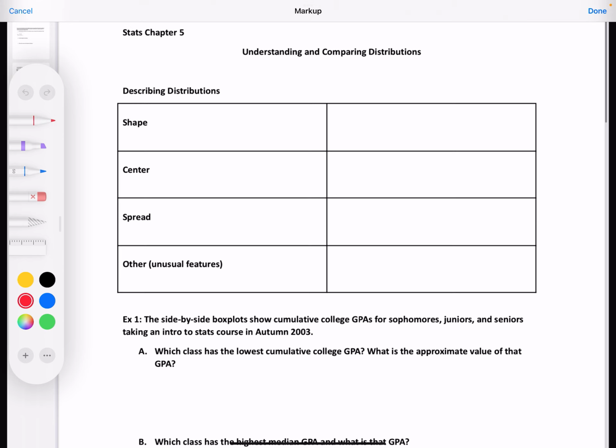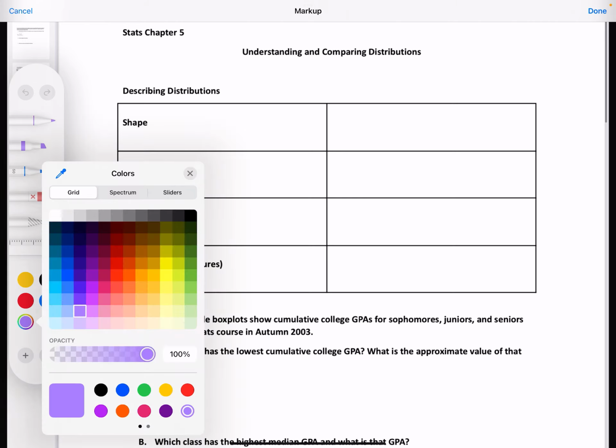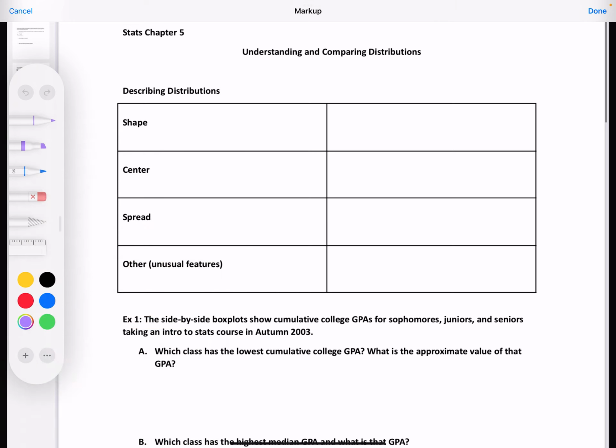All right, so this first part here is kind of more of just a review. When we're describing distribution and we're talking about shape, what things are we referring to?